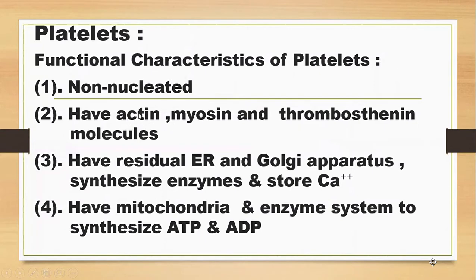These are protein structures. Then they have residual ER, endoplasmic reticulum, and Golgi apparatus. They synthesize enzymes and can store calcium. The platelets have mitochondria, an enzyme system to synthesize ATP and ADP.